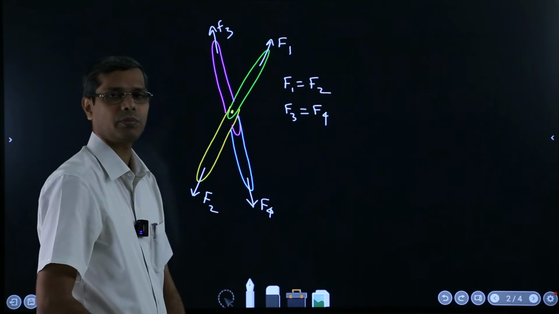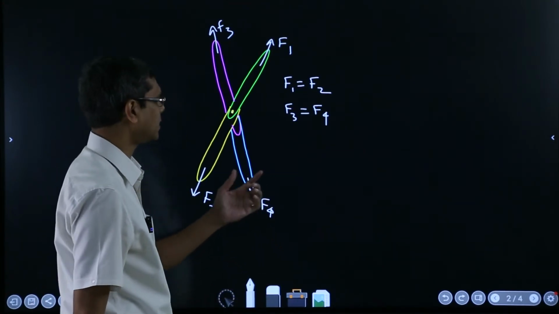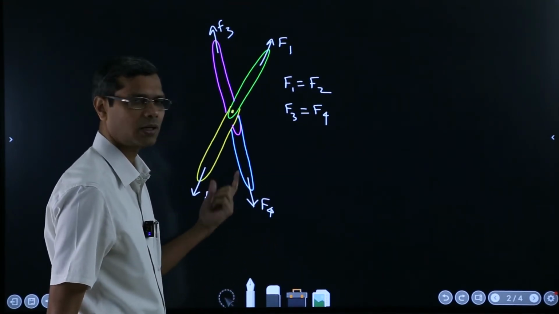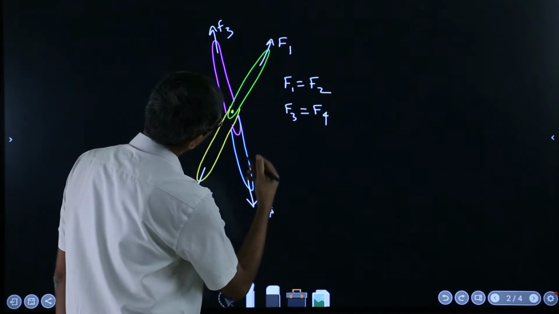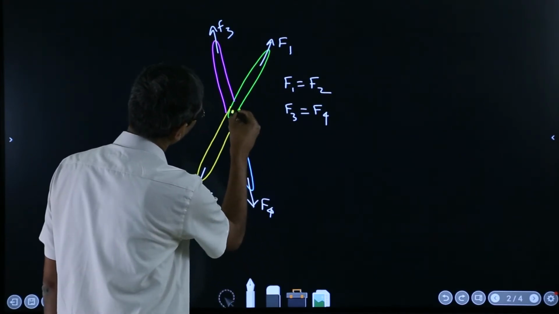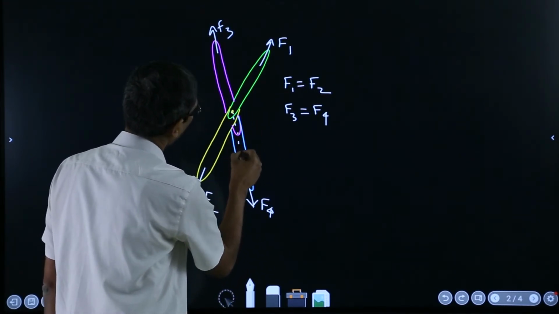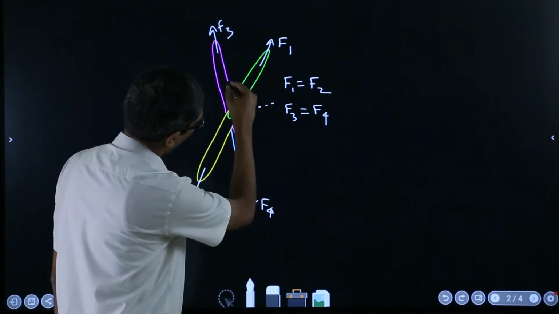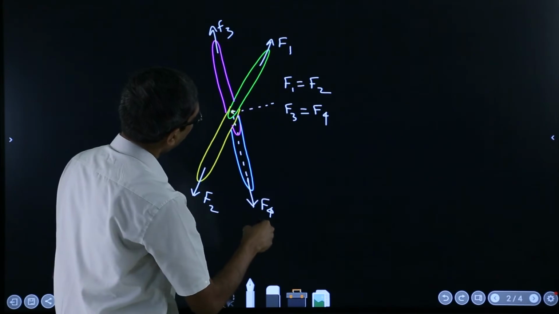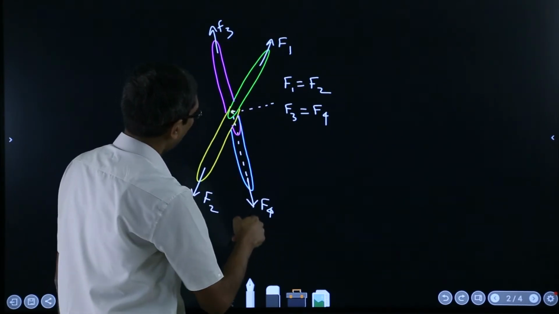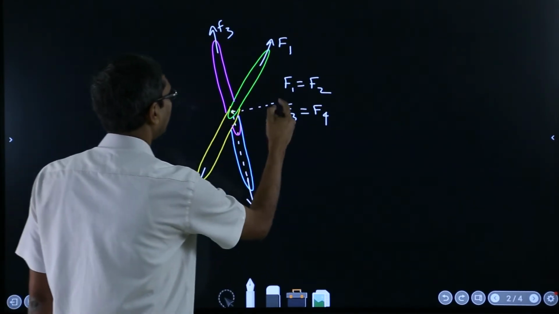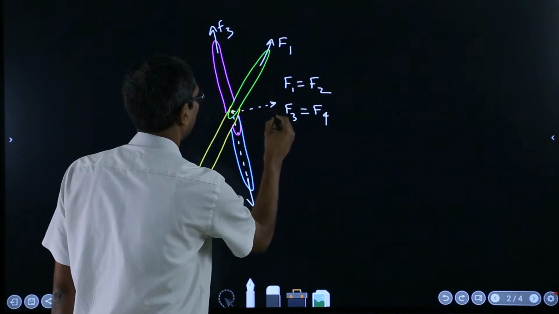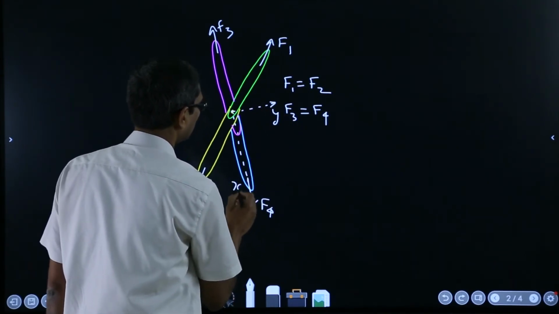we can do the same way of analysis that we did for the previous case. Let's think of a coordinate system like that, with the y axis perpendicular to the F3 F4 line and this the x axis.